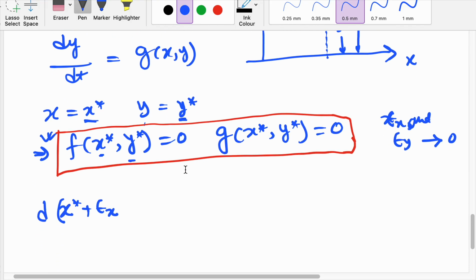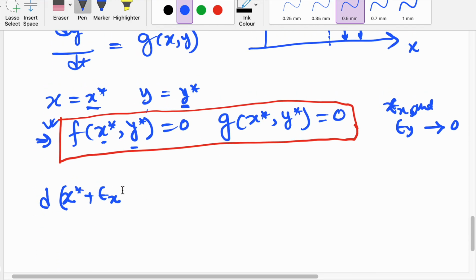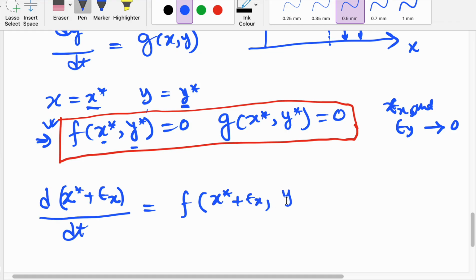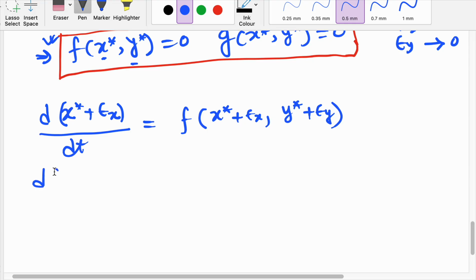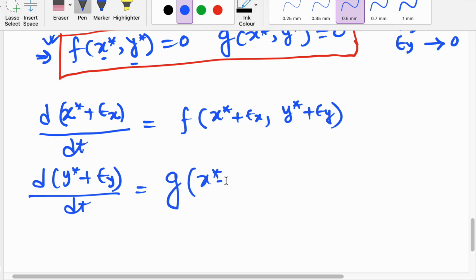So we have to check dx dt will be f of x star plus epsilon x and y star plus epsilon y, and dy dt is g of x star plus epsilon x comma y star plus epsilon y.